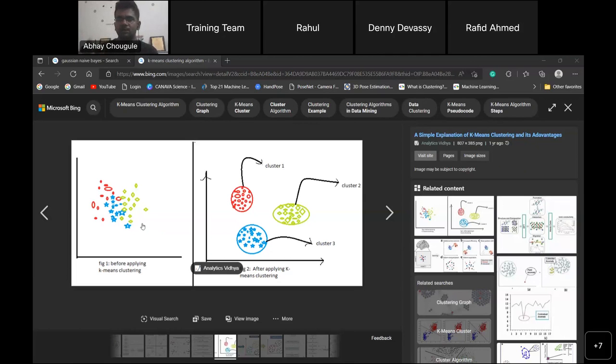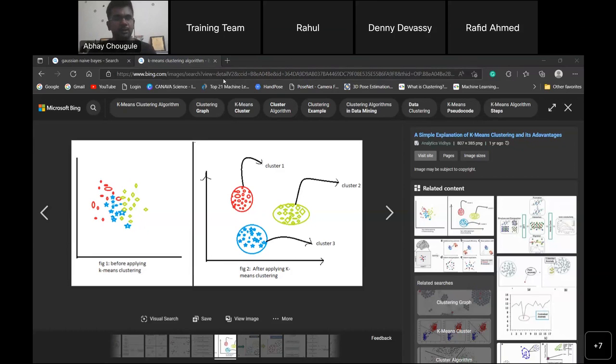If you say three, it will create three. If you say five, it will create five, but of similar data observations.